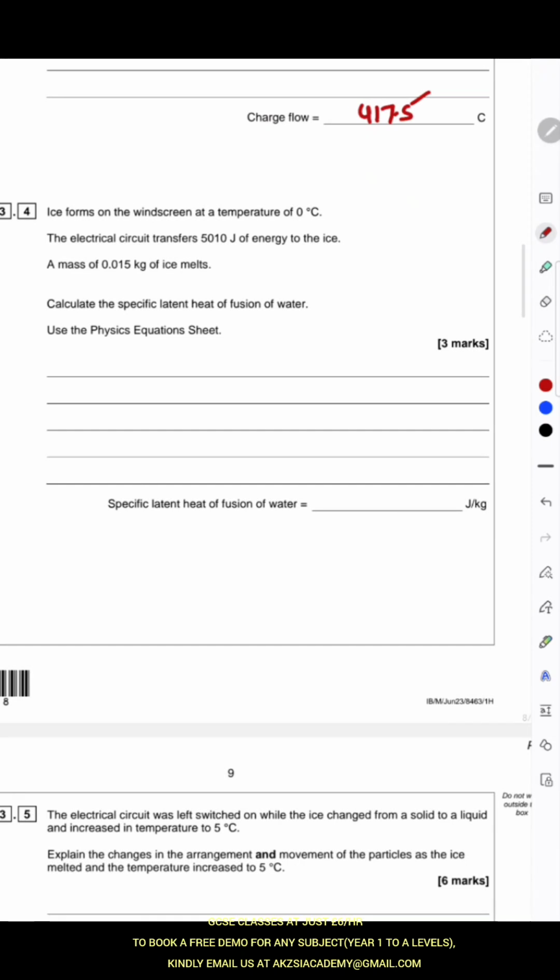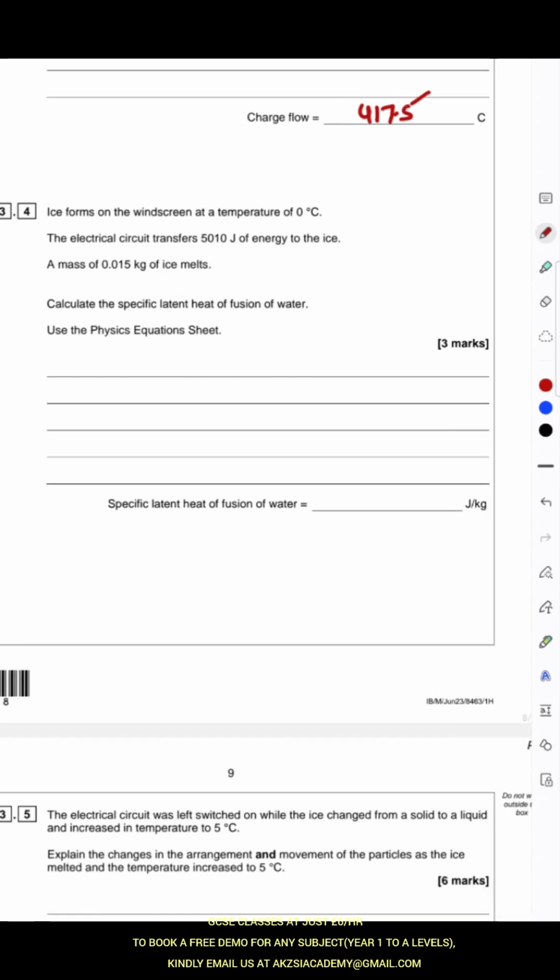Now, ice forms on the windscreen at a temperature of 0 degrees Celsius. The electrical circuit transfers 5010 joules of energy to the ice. A mass of 0.015 kg of ice melts. Calculate the specific latent heat of fusion of water. See, they have specifically given the value, specific latent heat of fusion. Fusion means here it's actually melting.